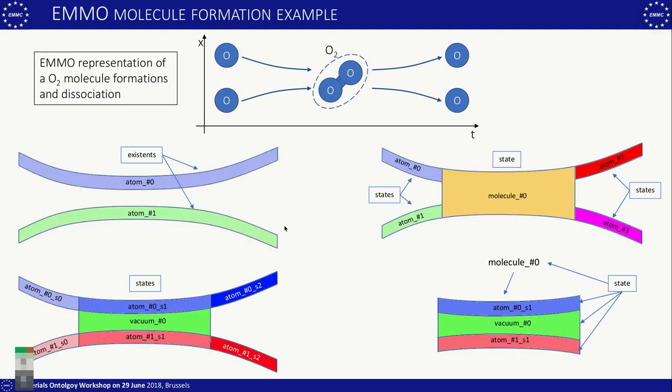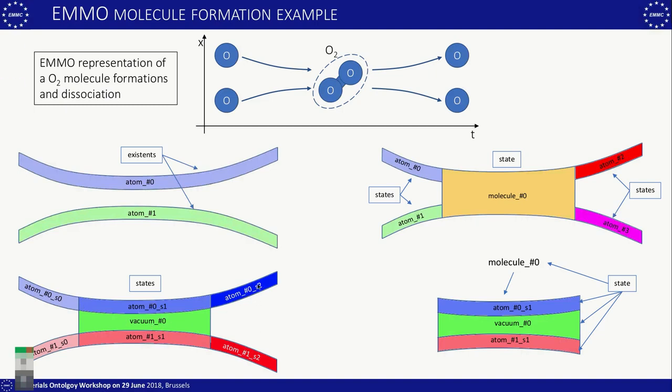Or you can define it by states, by separating the existents in parts and having atom 0 state 0, atom 1 state 0, and then define these other states in which atom 0 is bonded with atom 1. You need to define also the vacuum in order to have this as a single state.